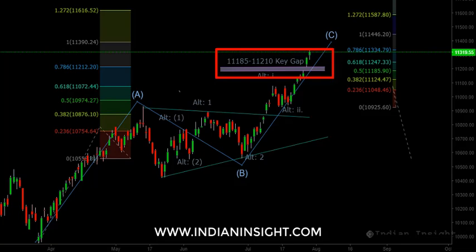Then we would look at the price structure of the initial decline, if it happens, and confirm that our base case is playing out. So in conclusion, we'll continue to be carefully bullish for some time, especially as long as the prices stay above this gap zone of 11,185 to 11,210. We'll wait for a declining price structure to confirm that our base case scenario is playing out.